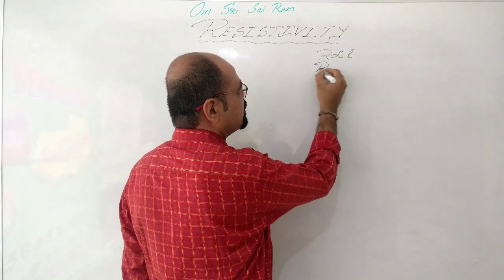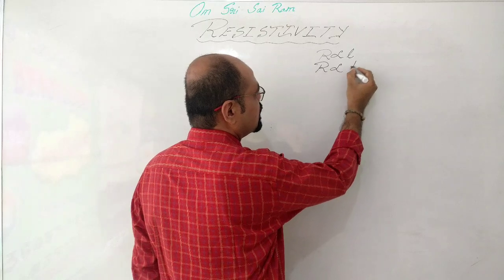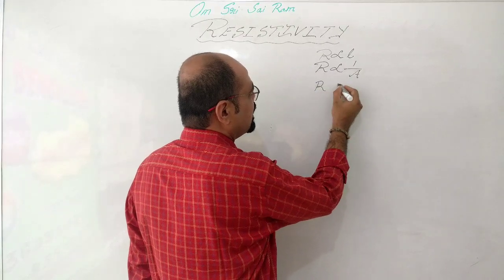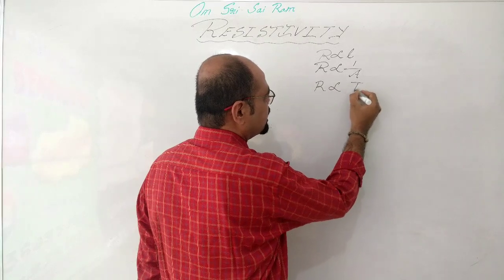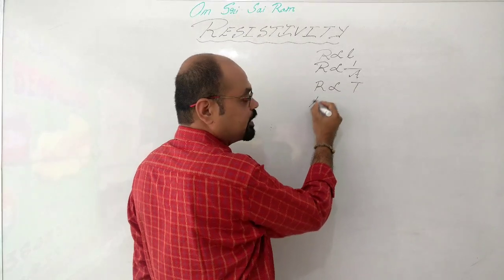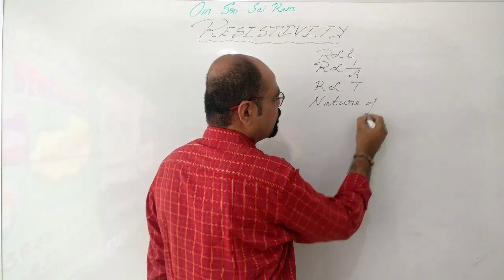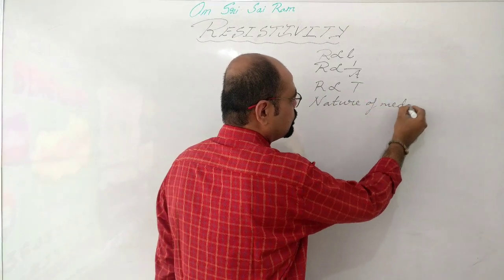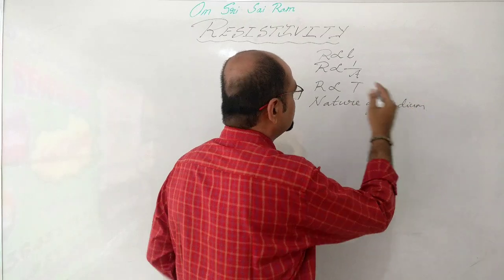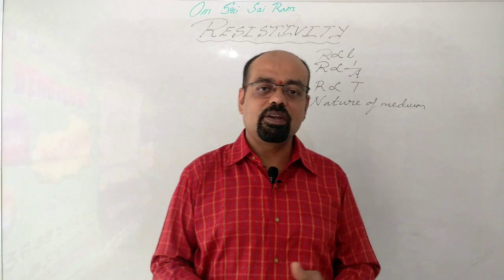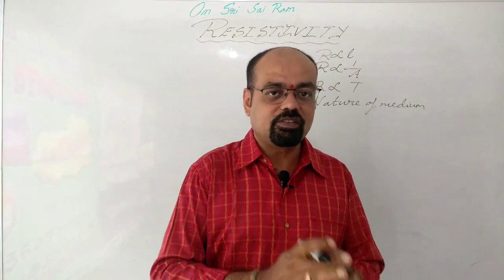Second is resistance is inversely proportional to area of cross section. Resistance is directly proportional to temperature, and resistance depends on the nature of medium. So these were the four factors on which the resistance of a conductor depends. This is what we had discussed in our previous sessions.